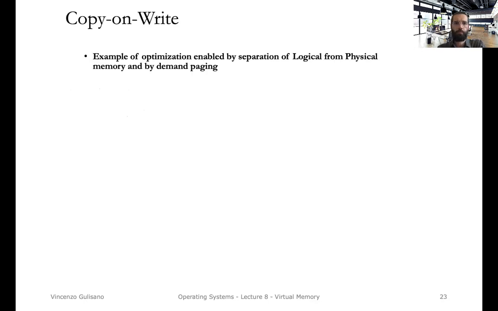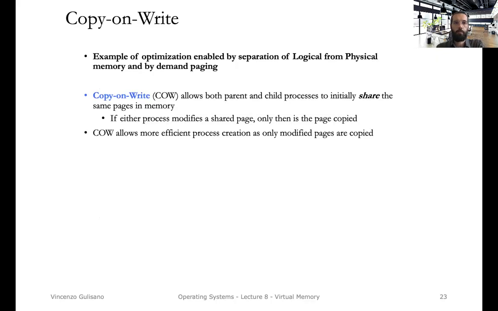Now that we know what paging and virtual memory are, copy-on-write is an example of the benefits you can gain when you decouple the logical representation of memory from the physical one.